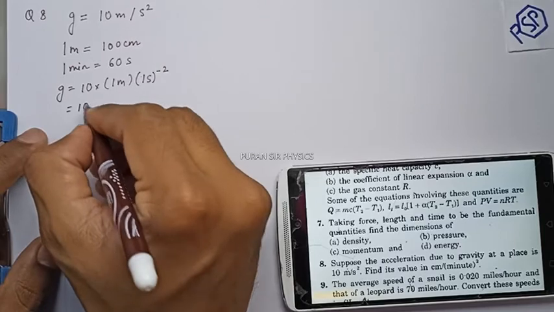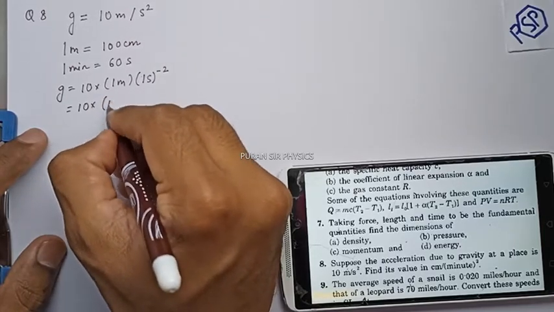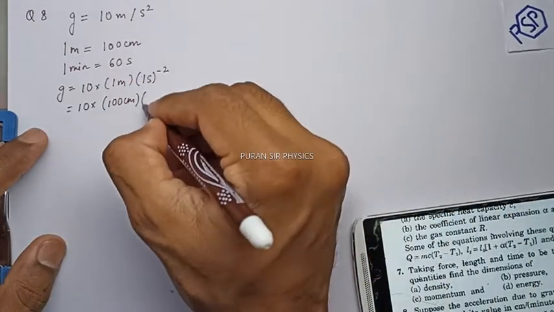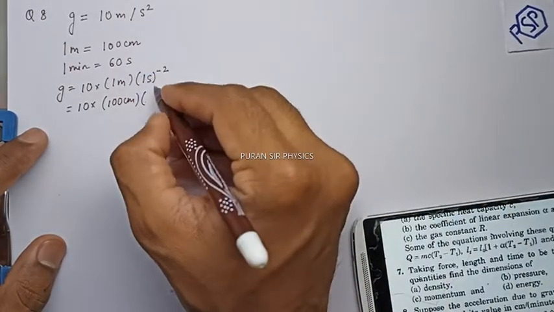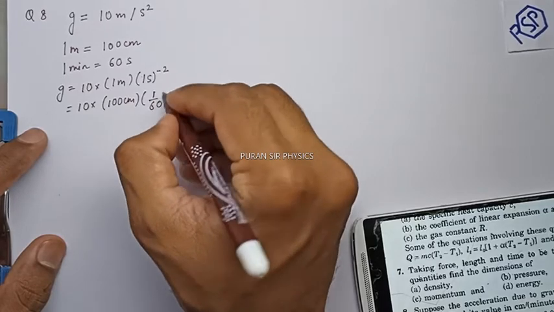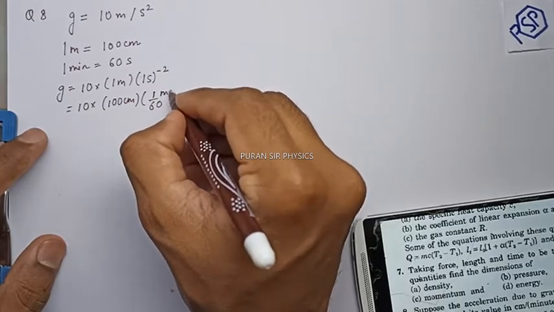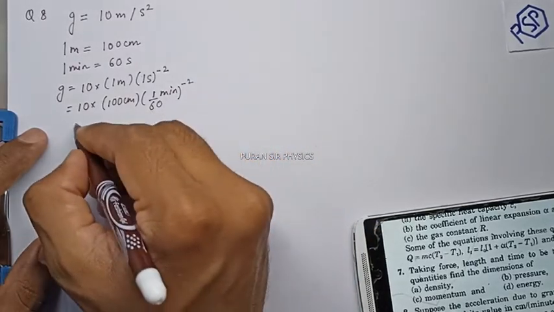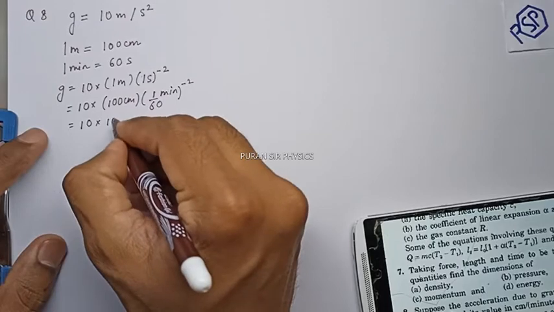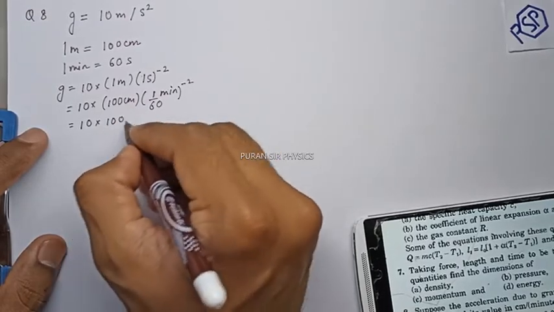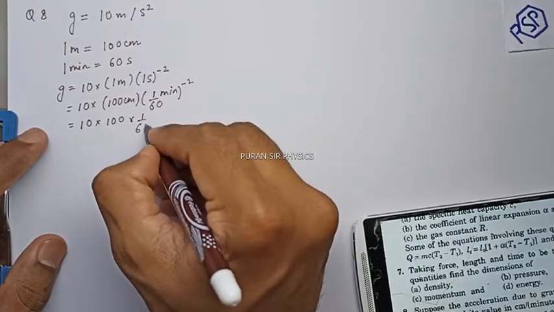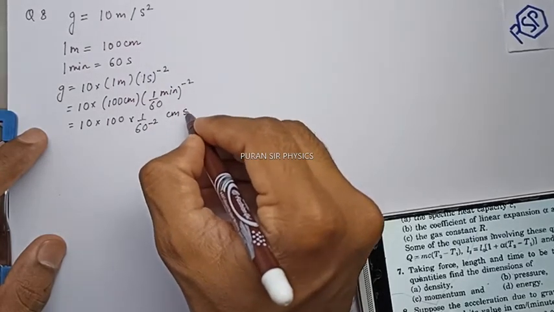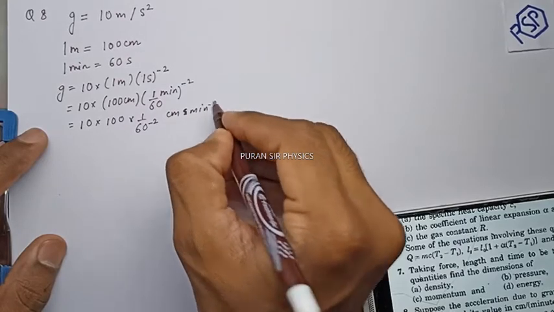So we can substitute 1 meter in terms of centimeter and 1 second in terms of minutes. So it will be 10 into 100 centimeter into 1 second, which is 1 by 60 minute, raised to power minus 2. So from here, 10 into 100 into 1 by 60 raised to power minus 2 centimeter minute raised to power minus 2.